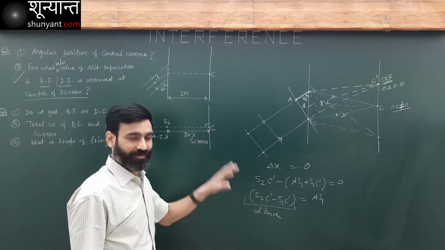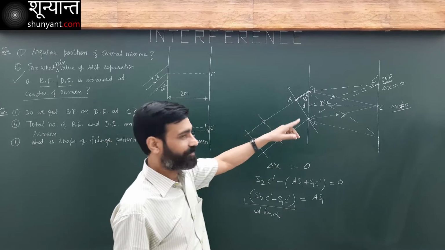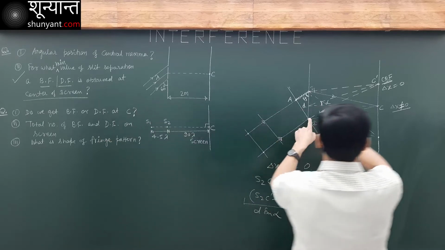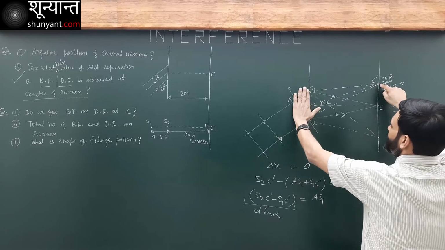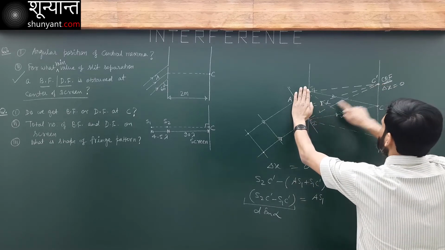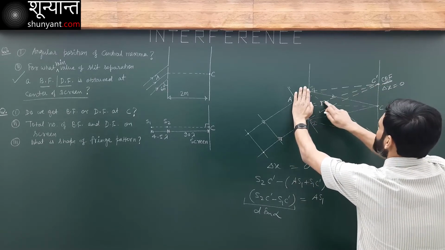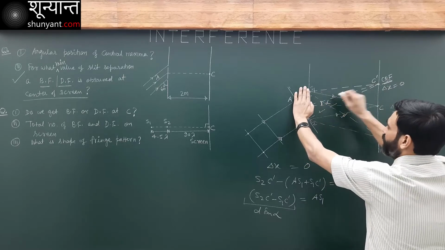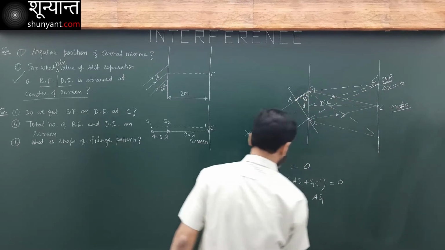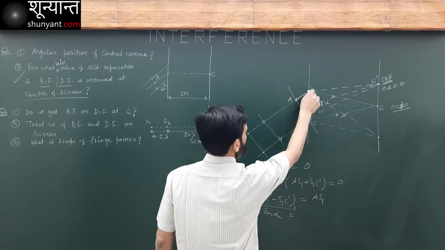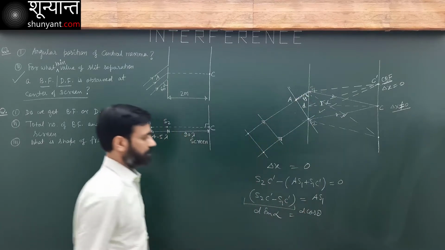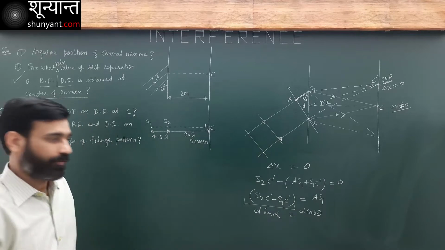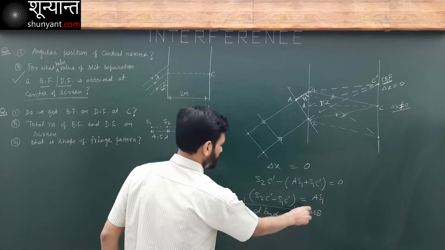We did it when we started finding the path difference. The path difference between this light ray and this one only, forget about the rest, will be equal to d sine theta. In place of theta, I am writing alpha here. So this will be equal to AS1. What is AS1? It is d cos theta. Here d gets cancelled.